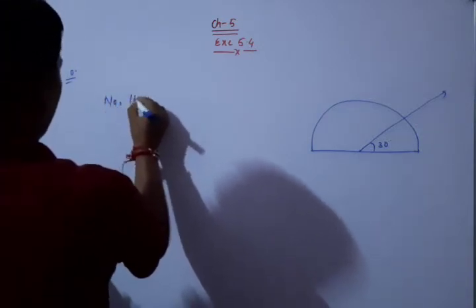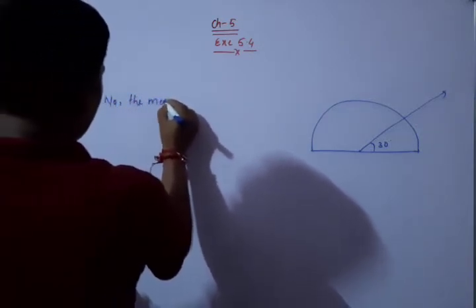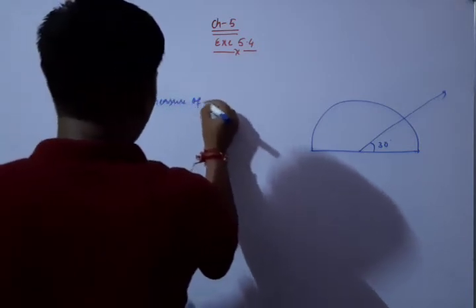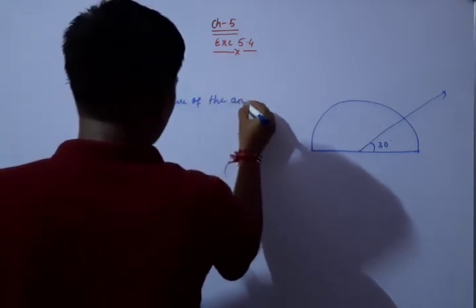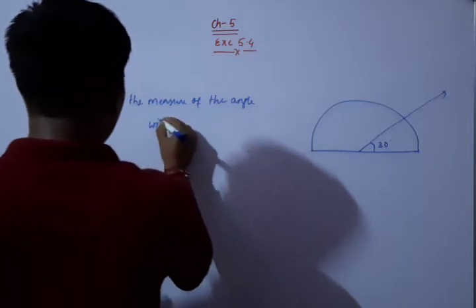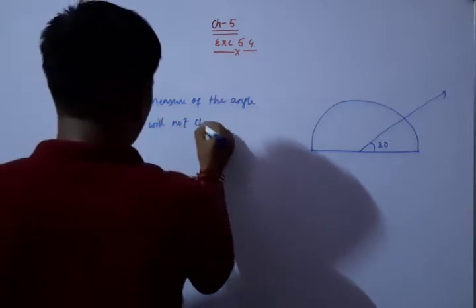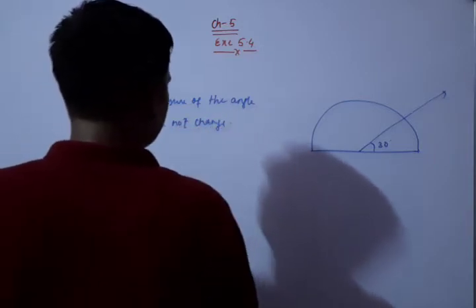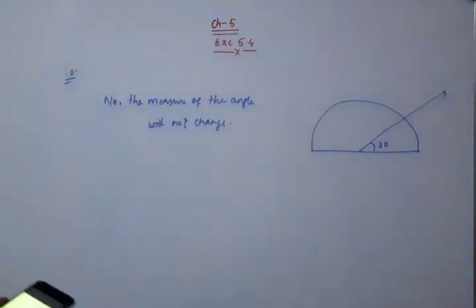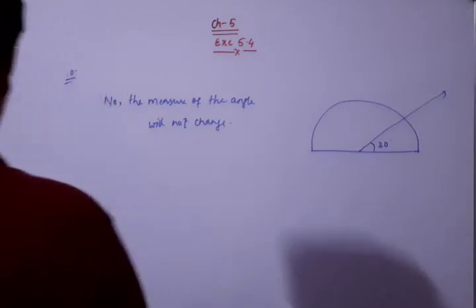No. The measure of the angle will not change. It will remain the same. Either we use a magnifying glass or a demagnifying glass, the value will remain the same.